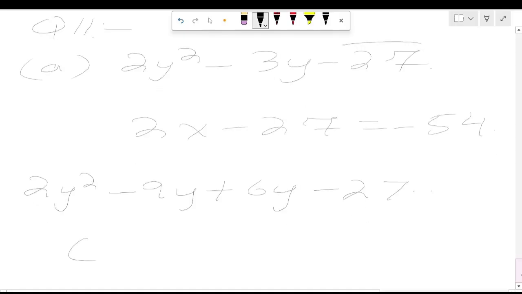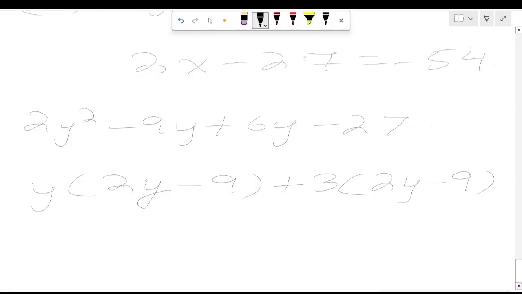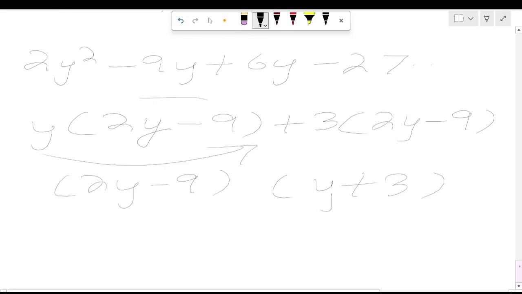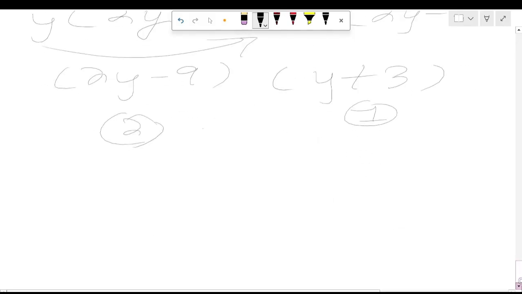Then I can write y bracket 2y minus 9 added with 3 and then 2y minus 9. And then I'll pick the common values between these two. So we have 2y minus 9 as the first factor, and the second factor is y plus 3. So this will be your final answer. In your book, this is the first factor and this is the second. So we have found both factors.